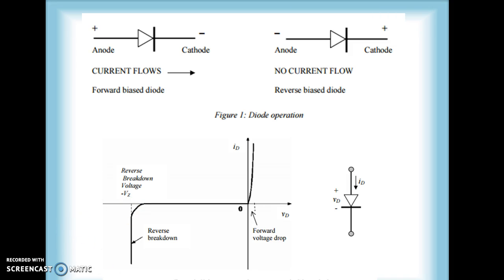So we should always avoid this condition. However, the Zener diode always works in reverse bias, and it is a safe condition. So we can say the diode works in forward bias and does not conduct in reverse bias. Mostly we use the diode in the forward bias condition, not in the reverse bias condition.